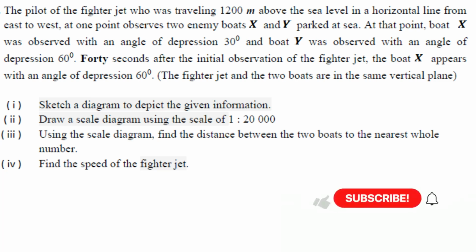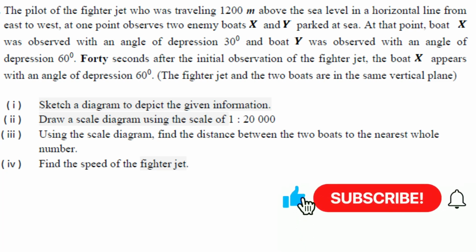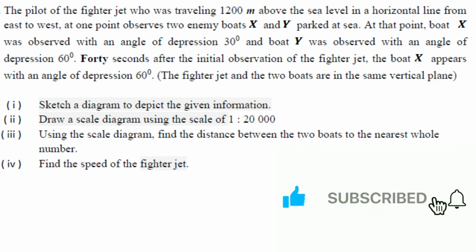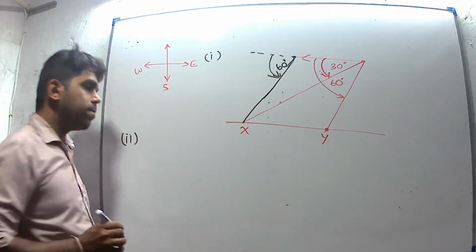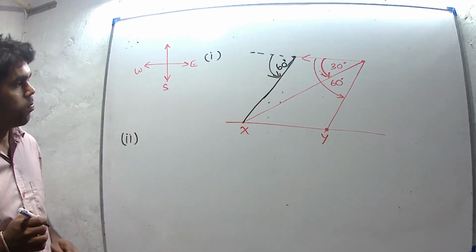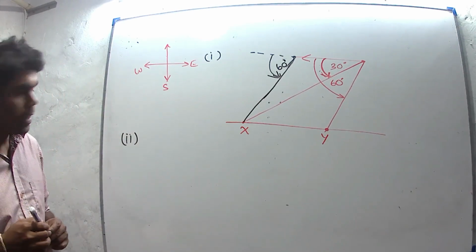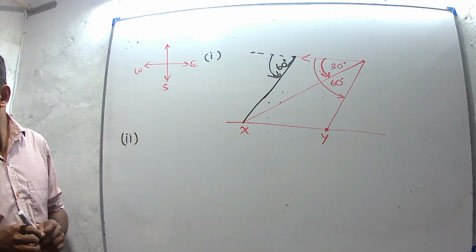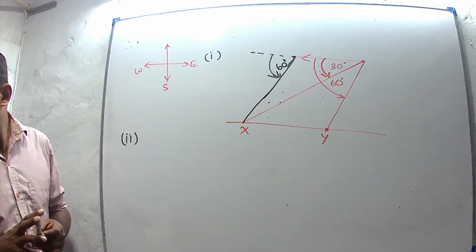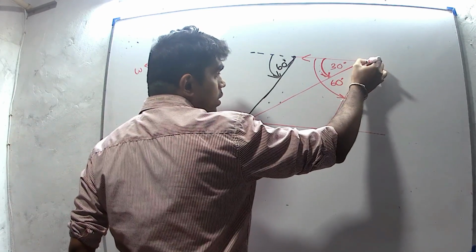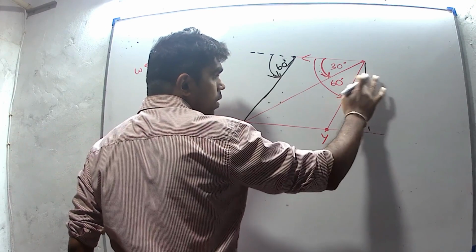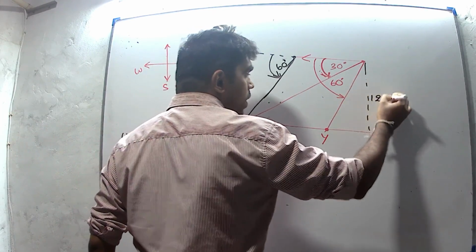Then part 2, draw the scale diagram using the scale of 1 to 20,000. First of all, we have to find the corresponding length. They have given that this height is 1,200 meters.